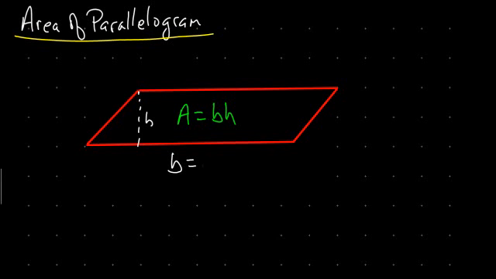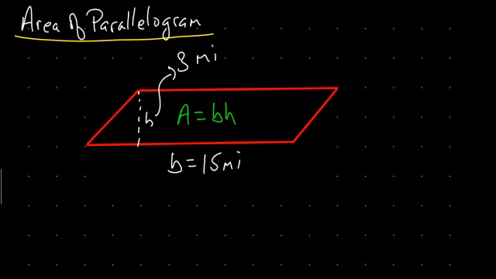Don't worry. So let's say the base is 15. We have 15 miles. And let's say we have a height here of, if that's 15, what's that thing look like? About, I don't know, 3 miles.